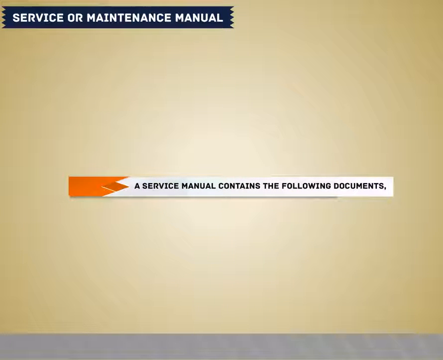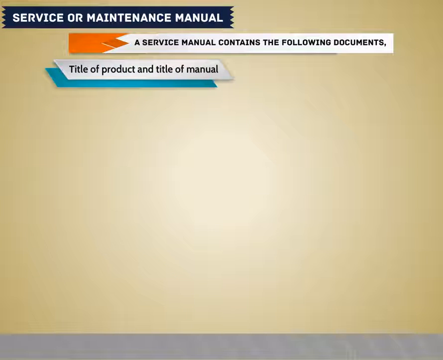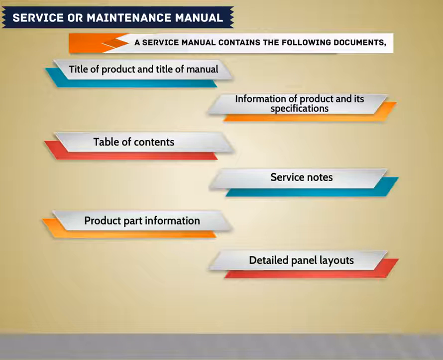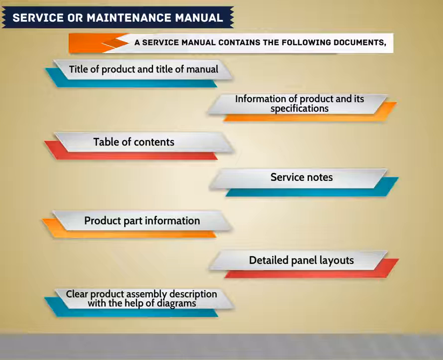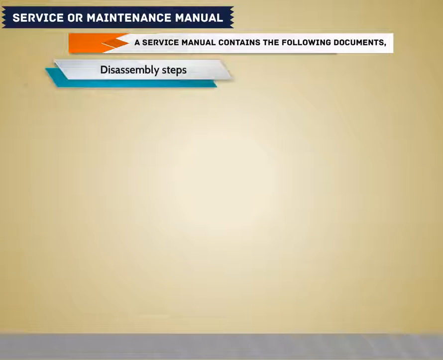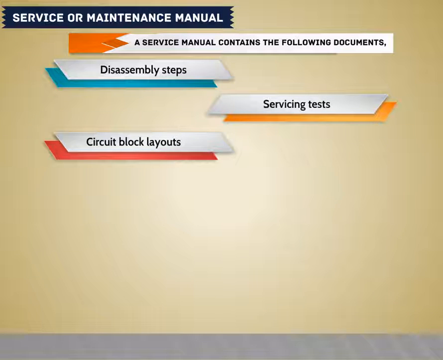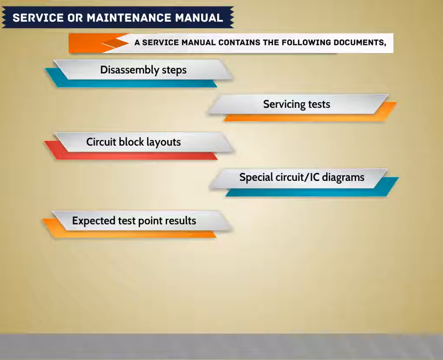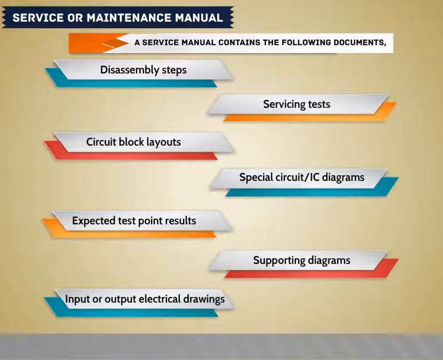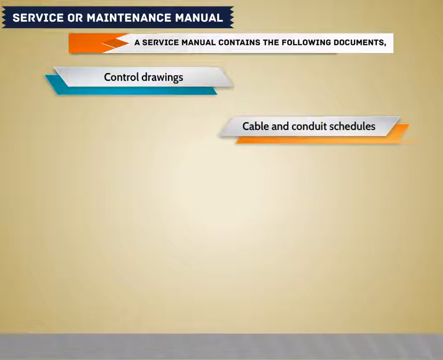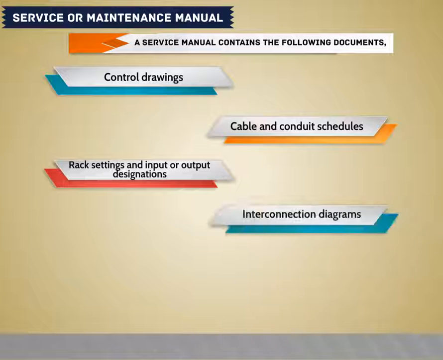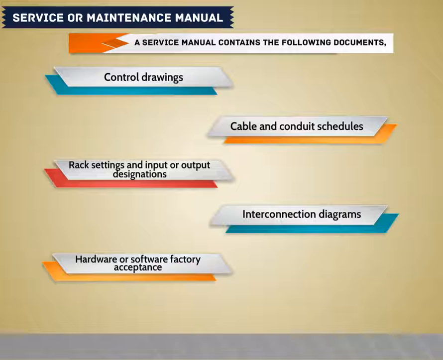A service manual contains the following documents: title of product and title of manual, information of product and its specifications, table of contents, service notes, product part information, detailed panel layouts, clear product assembly description with the help of diagrams, disassembly steps, servicing test, circuit block layouts, special circuit or IC diagrams, expected test point results, supporting diagrams, input or output electrical drawings, control drawings, cable and conduit schedules, rack settings and input or output designations, interconnection diagrams, hardware or software factory acceptance.